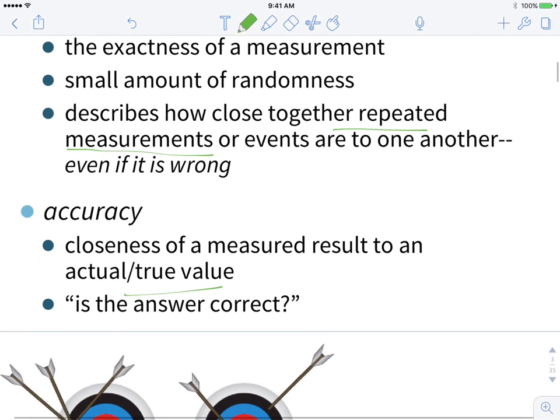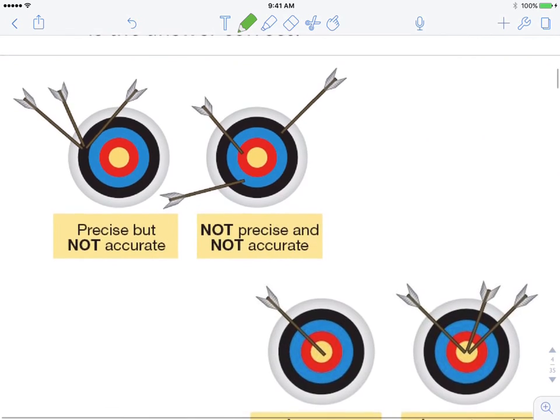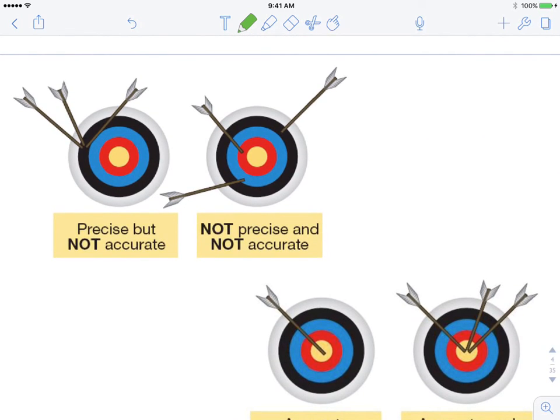When I look at my scenario here, I have my four dart boards set up. On the left, I have somebody who's very reproducible. They've reproduced the same terrible archery pattern over and over again, but they're not accurate because they're not in the bullseye.